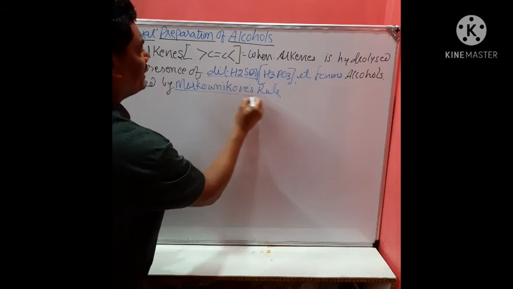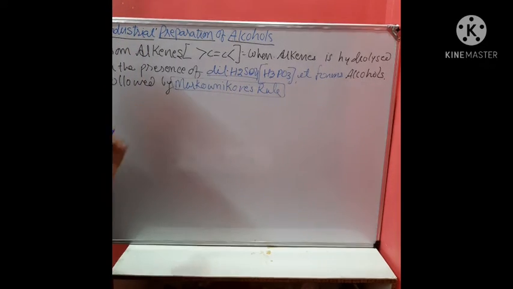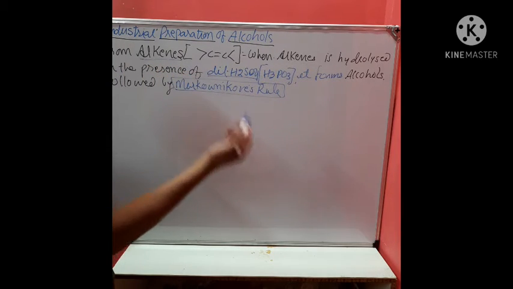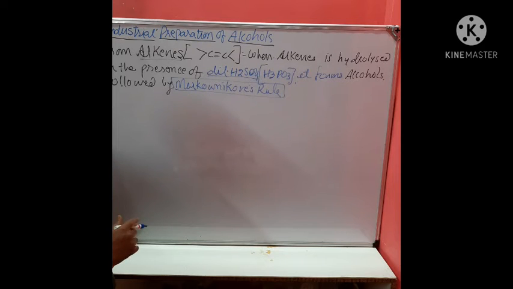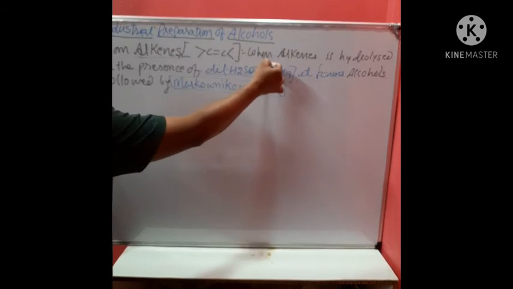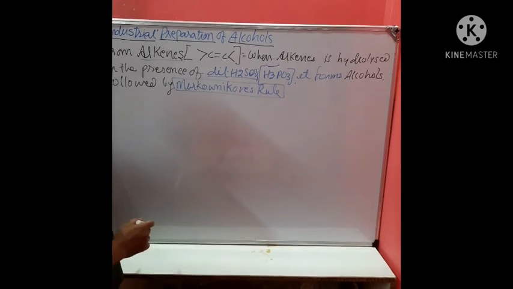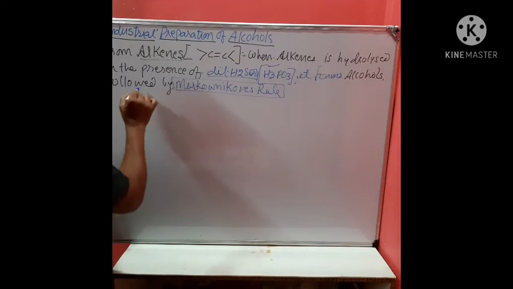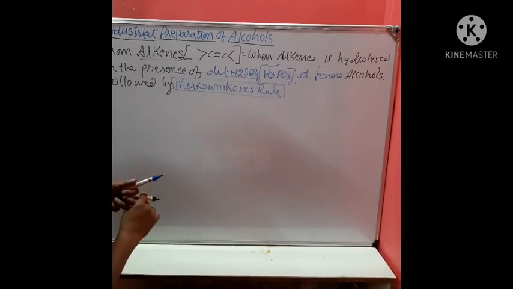This is very important. We have checked this Markovnikov rule in our previous chapter, haloalkane. So, when alkene is hydrated in the presence of dilute H2SO4 or weaker acid like H3PO3, it forms what? Alcohols, followed by the Markovnikov rule.